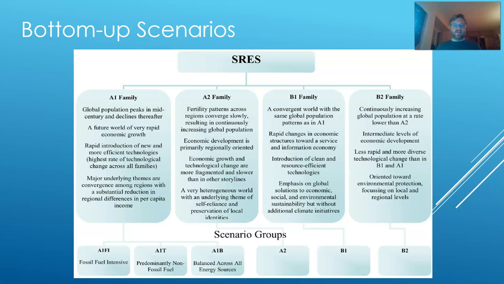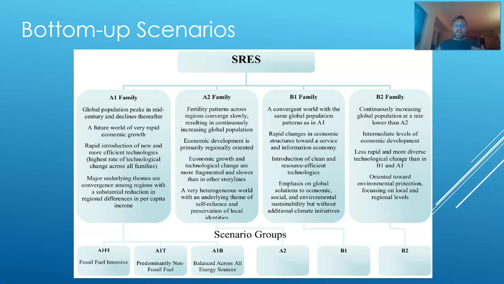If you look at, say, the A1 family there, you can see the elements that they are speculating. This is a thing that might happen in the future. So global population peaks in the mid-century and declines thereafter. Future world of very rapid economic growth, rapid introduction of new and more efficient technologies, convergence among regions, and a reduction of regional differences in per capita income. Right?